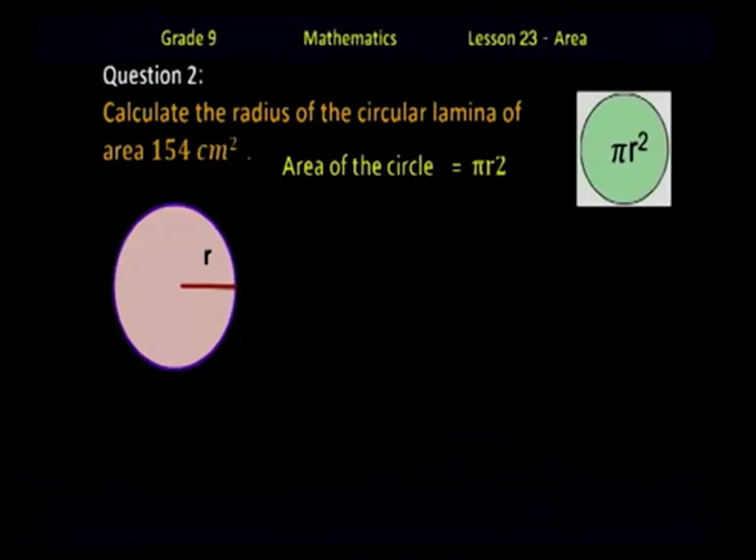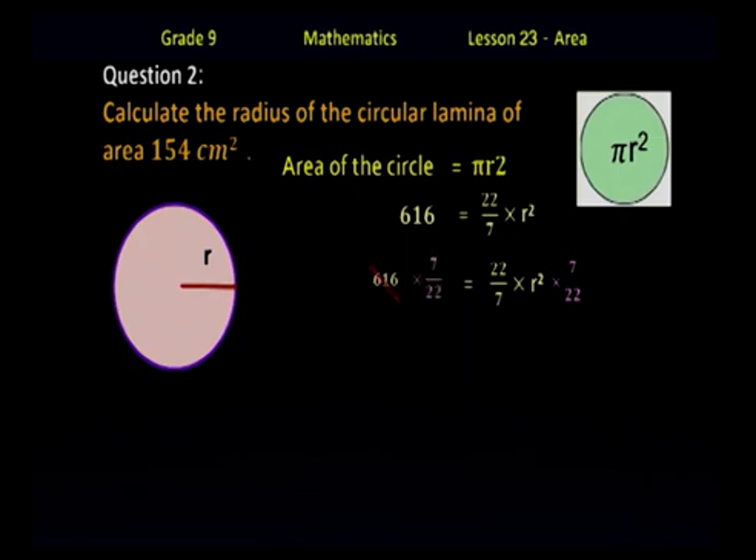Question number 3. Calculate the radius of the circular lamina of area 616 square centimeters. Here also you have to find the radius. Follow the same method you used in the previous problem. The area is 616. On the other side, you know it is 22 upon 7 into r squared. Then how can you simplify? Both sides are multiplied by 7 upon 22.